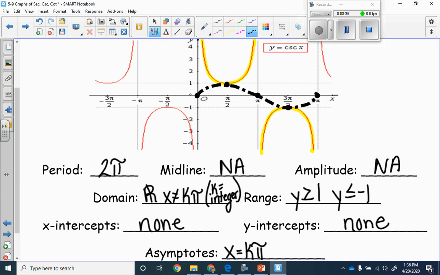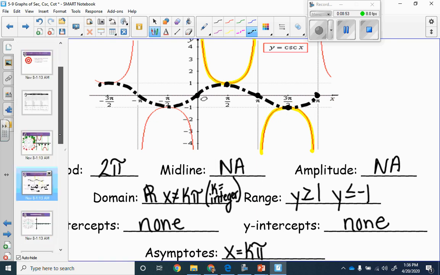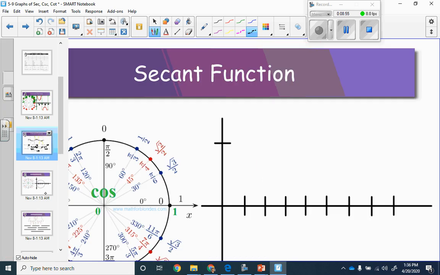Do you see how your sine curve fits right in between the lowest point on the top and the tallest point on the bottom? You see your sine curve fitting in there.